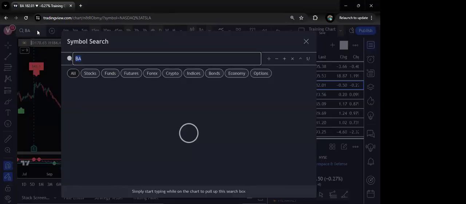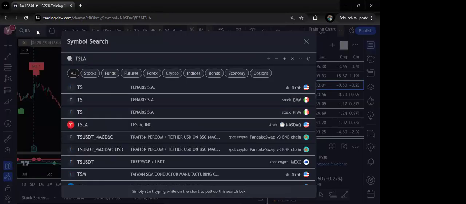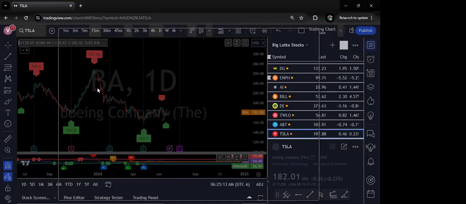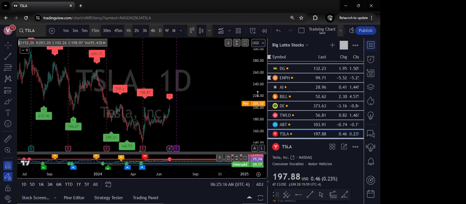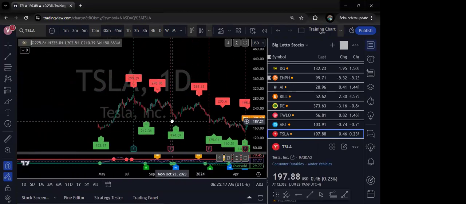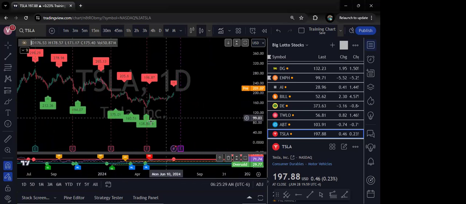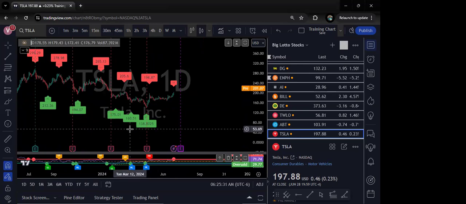If you're looking at Tesla, because it's a key play also this month, we had Tesla hit 299, so the high price is 299, and the low is 138.